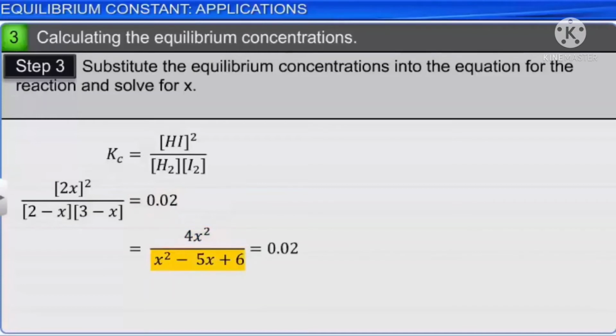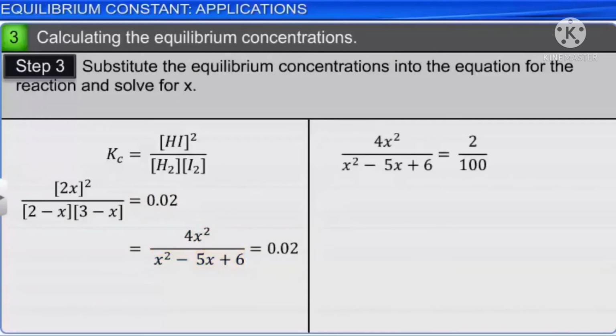This can be written as 4x squared divided by x squared minus 5x plus 6 is equal to 2 divided by 100. On cross multiplying, we get 100 multiplied by 4x squared is equal to 2 multiplied by x squared minus 5x plus 6.